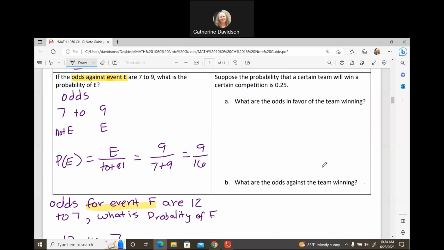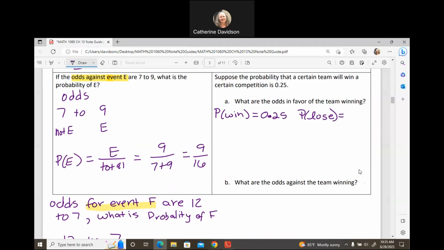Suppose the probability that a certain team will win a certain competition is 0.25. So the probability they win is 0.25. So the opposite of that, what we don't want, is the probability they lose.